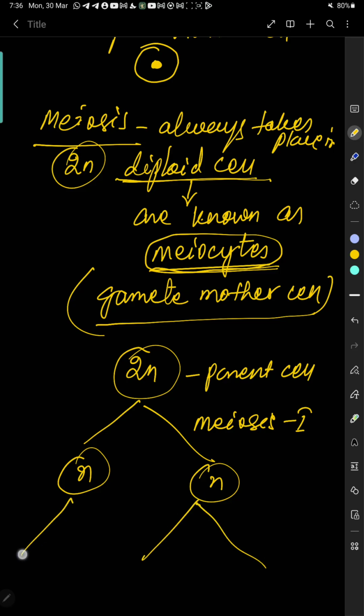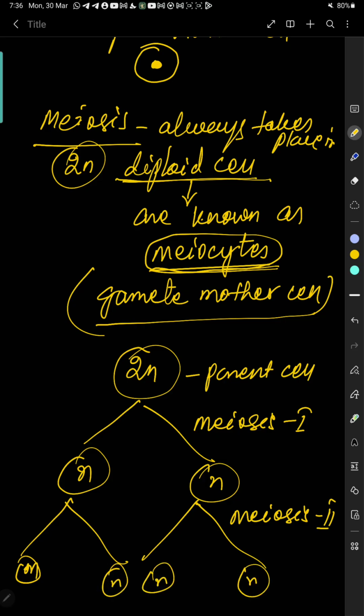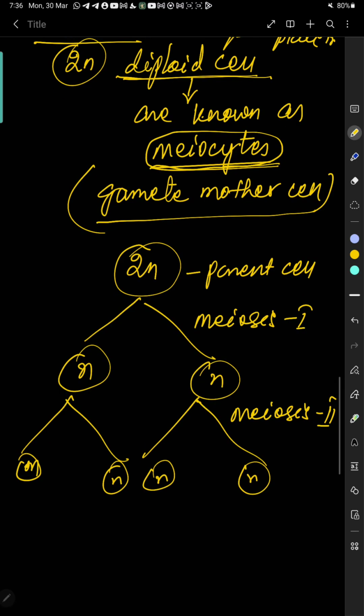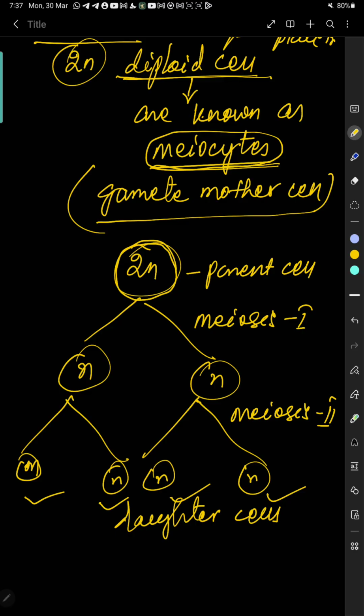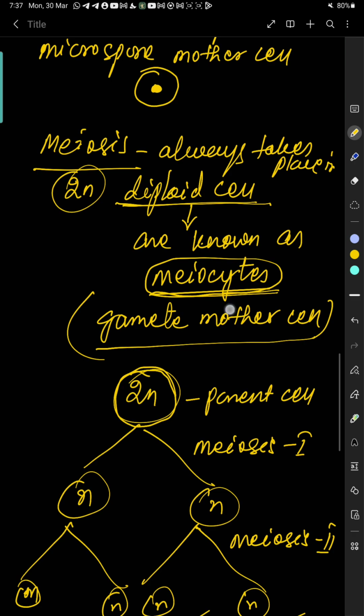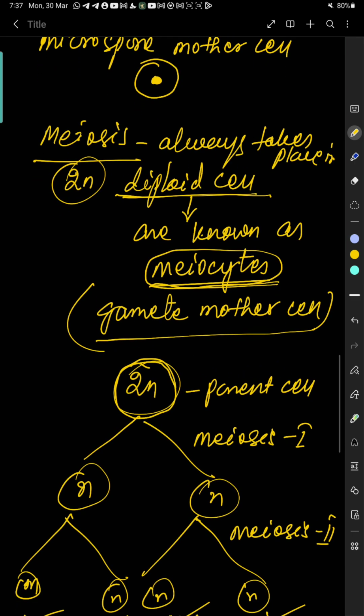Then it undergoes meiosis 2 and forms 4 haploid daughter cells. So when it takes place in the gamete mother cell, these are the gametes. Okay, I think it is clear to you. So we will keep this aside. Now come to the main topic. Have you all written this in your copy?